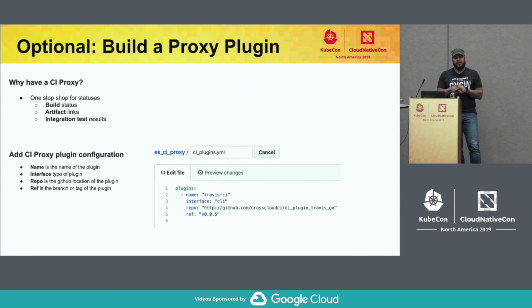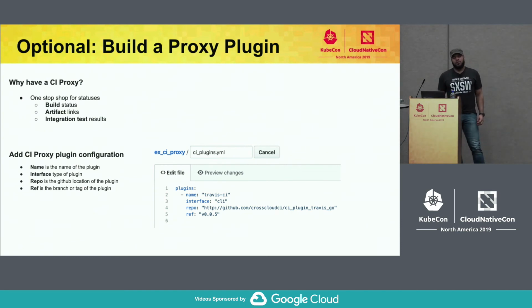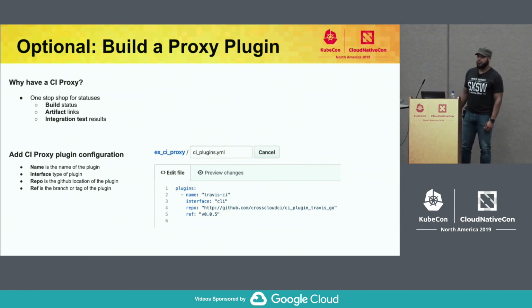So why even have a CI proxy in the first place? We want to have a one-stop shop for the build status, the artifact links, and possibly the integration test results. If you decide to make a CI plugin, you'll also need to make a pull request to make us aware that there's a new plugin available. The way to do that is to modify the CI plugin YAML, which is in the CI Proxy repo.